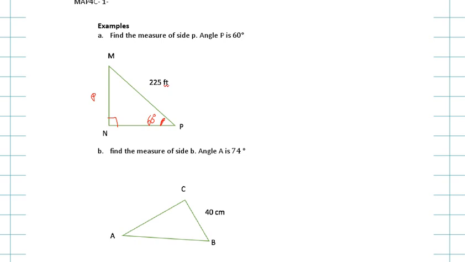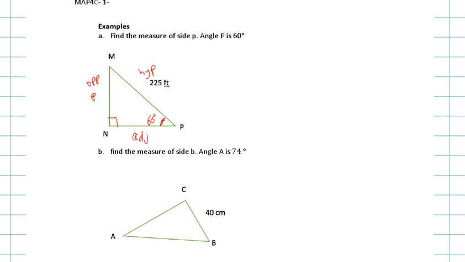So let's name the triangle. Let's name the opposite, adjacent, hypotenuse. It's MP, that's the hypotenuse. The angle of interest is P, and the opposite is MN. I'm looking for which side: opposite, adjacent, or hypotenuse?